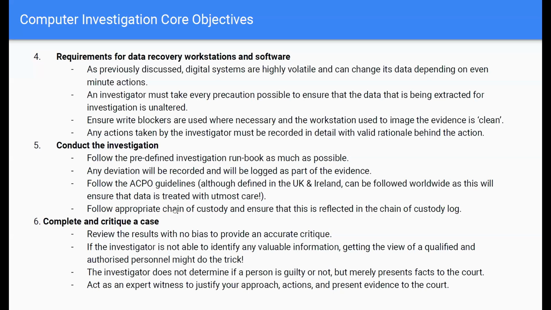But to be more specific, let's say you as an investigator have a piece of evidence that you have labeled, you have recorded, and you've sealed in a bag. In the chain of custody log, you have to write your name, the date and time that you bagged that evidence, and then that's now in your possession.